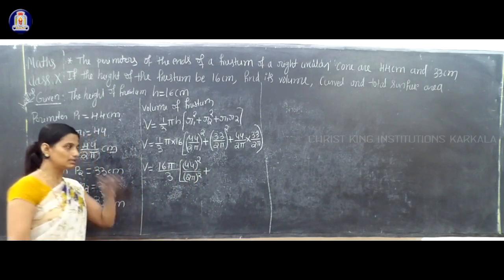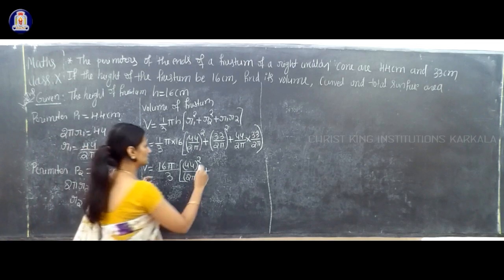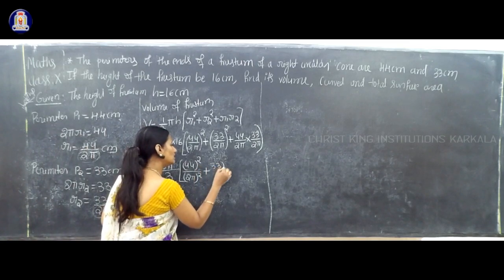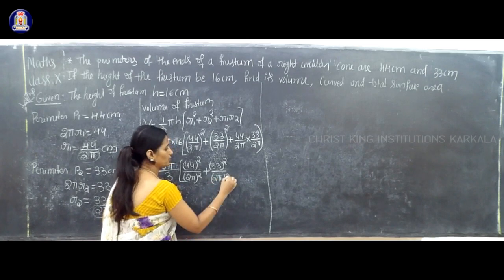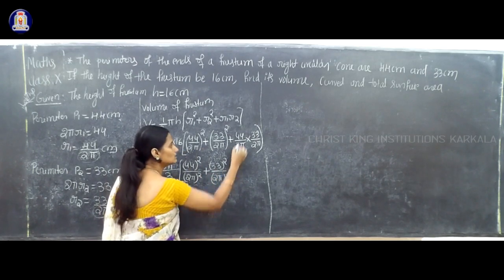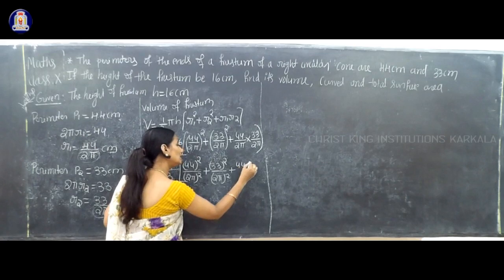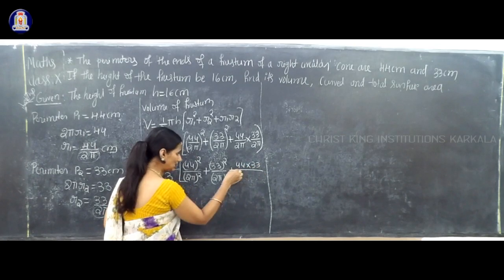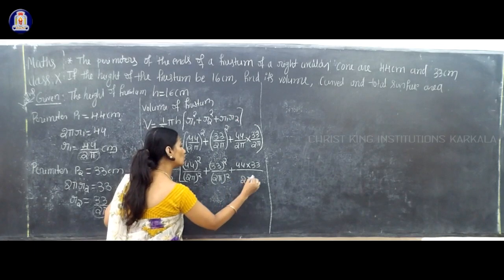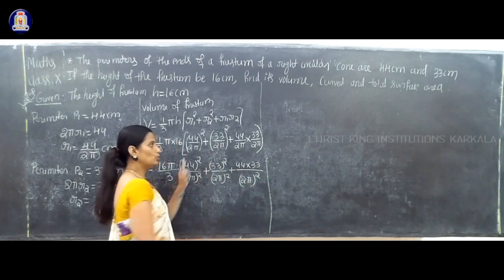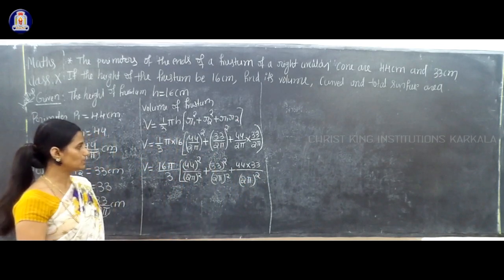Plus 33 divided by 2 pi square is 33 square divided by 2 pi square. Plus, and keep as it is, 44 into 33 divided by 2 pi into 2 pi. What is it? It is 2 pi square. Correct? 2 pi into 2 pi is 2 pi square.